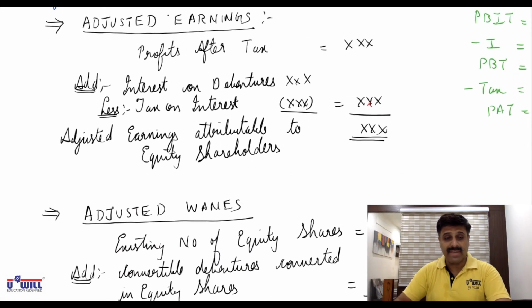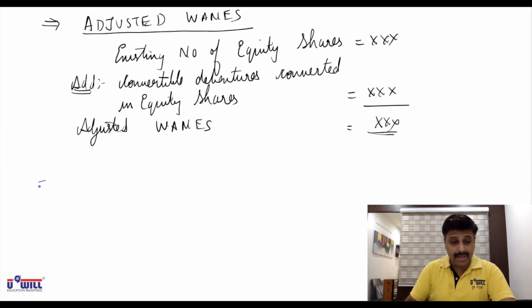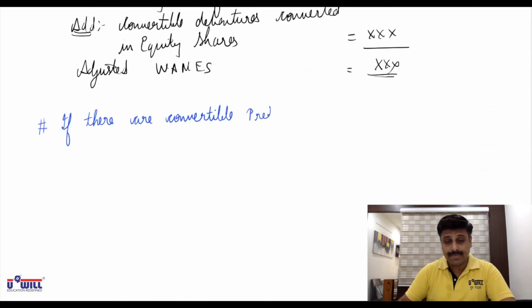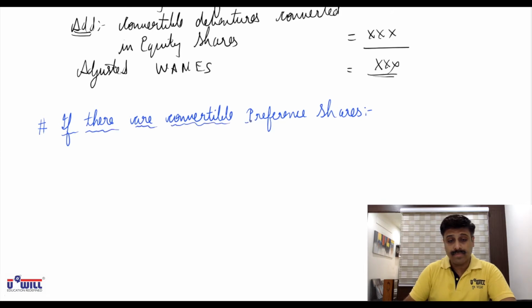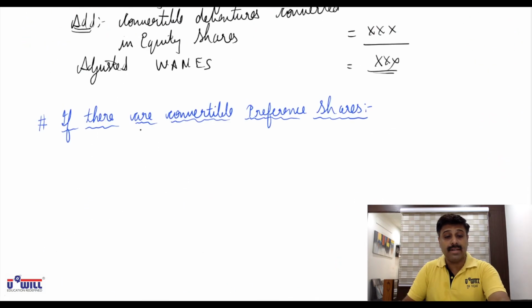Now we see what will be the effect if there are convertible preference shares. So give the heading, if there are convertible preference shares. Now exactly same way, first we'll find the adjusted earnings.